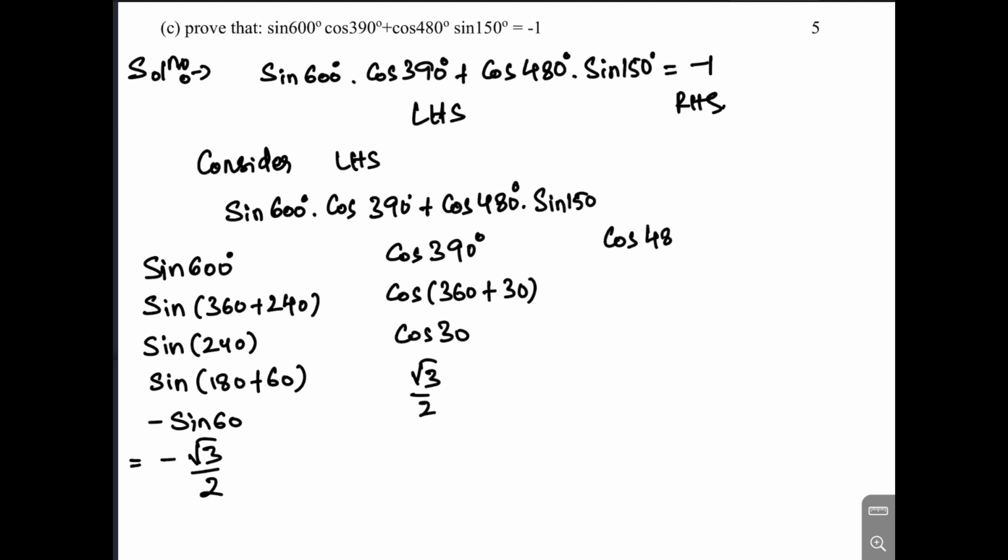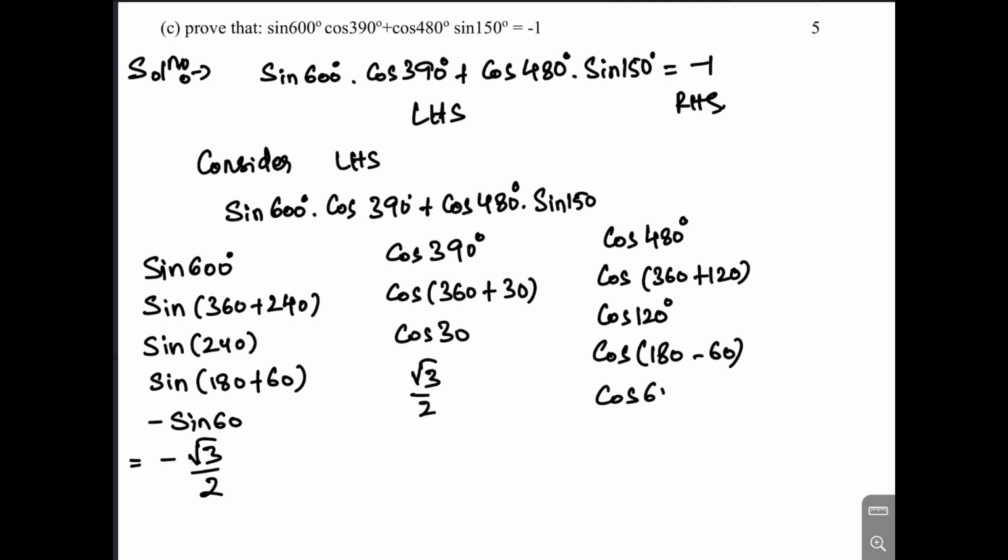Cos 480. So cos of 360 plus 120, so cos 120. Cos 120 can be rewritten as cos of 180 minus 60, which gives minus cos 60.